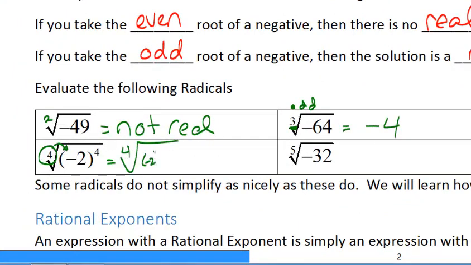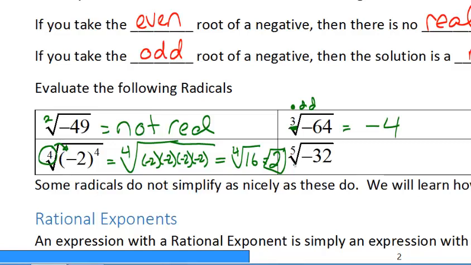So -2 times itself 4 times gets me positive 16. And now, with an even root of a positive number, the 4th root of 16 is a real number, 2. So you can't be too hasty here, just saying if it's an even root and there's a negative on the inside, then it's going to be not real. You have to evaluate any exponents.